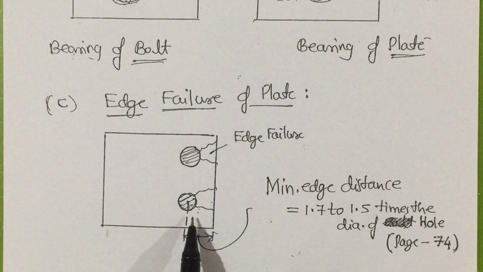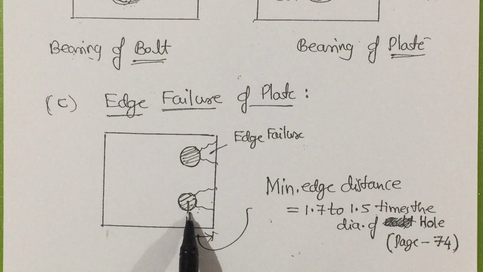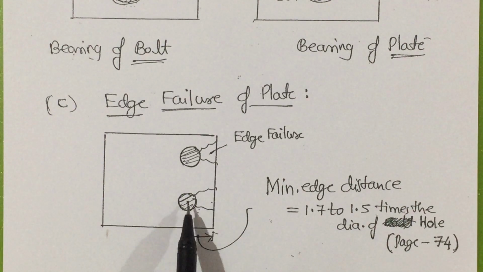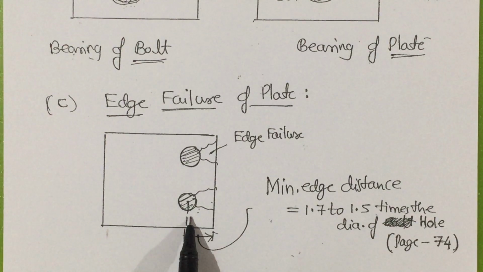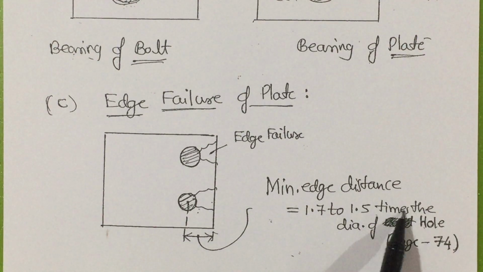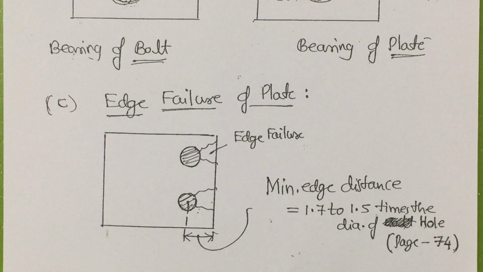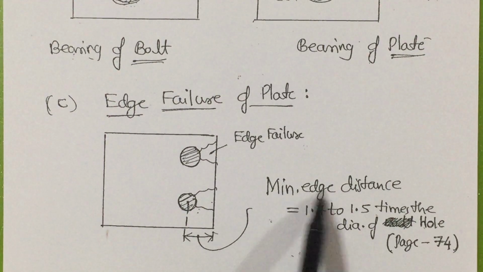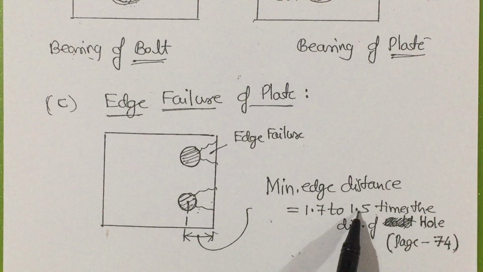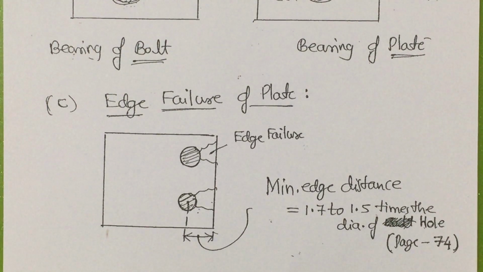As per the recommendation, from the center of the bolt hole up to the extreme edge of the plate, the minimum edge distance should be 1.7 to 1.5 times the diameter of the hole, as per the guidelines given on page number 74 of the IS code book, IS 800.